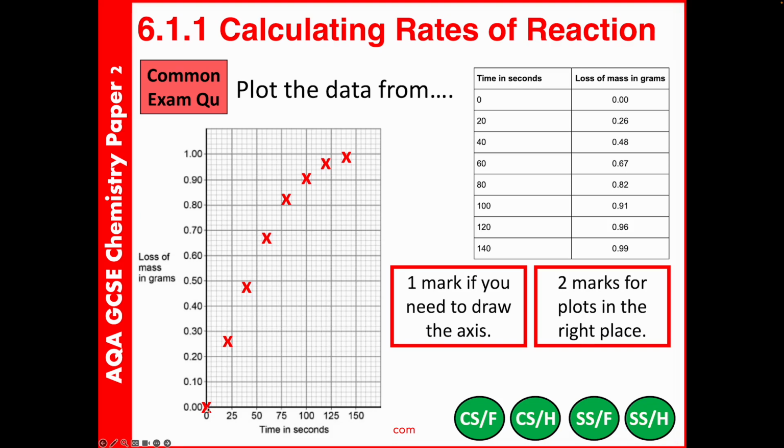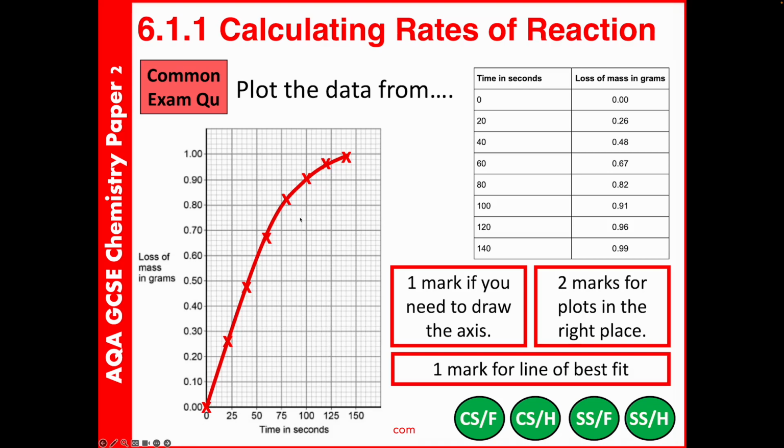Remember that as far as chemistry or science as a whole is concerned, lines of best fit can either be curved or straight. So this one has got a bit of a curve to it. Generally, your line of best fit should be as close to all plots as possible, and you should have approximately half your plots on one side and half on the other if you can't get them fully on your line of best fit. One thing to avoid is drawing a really jaggedy dot to dot. You won't get marks for it.